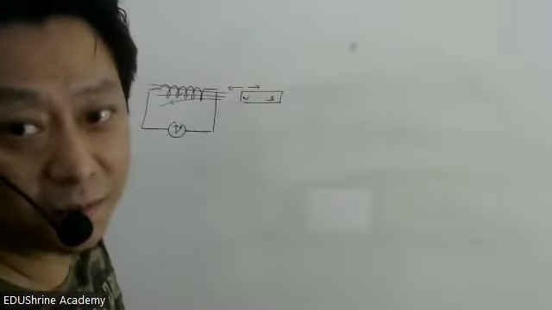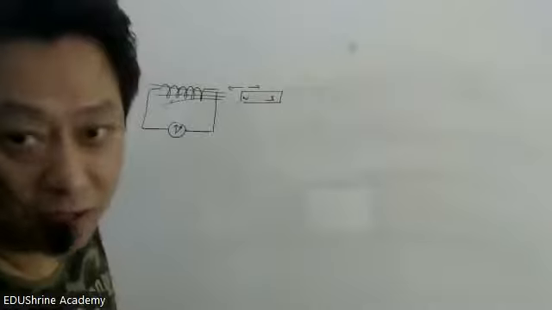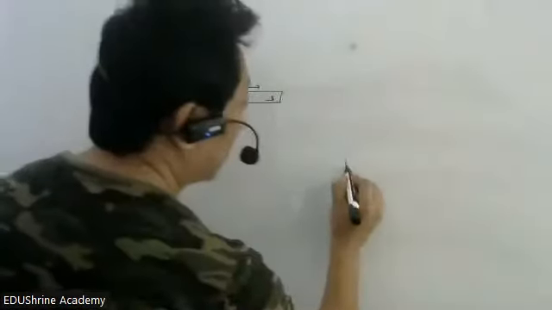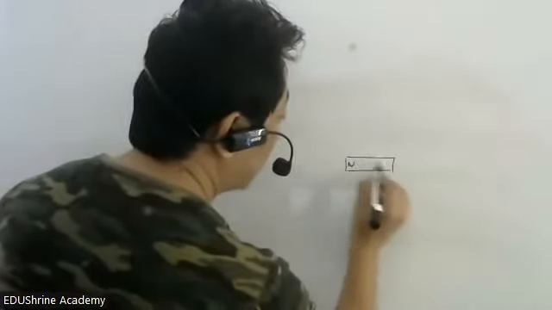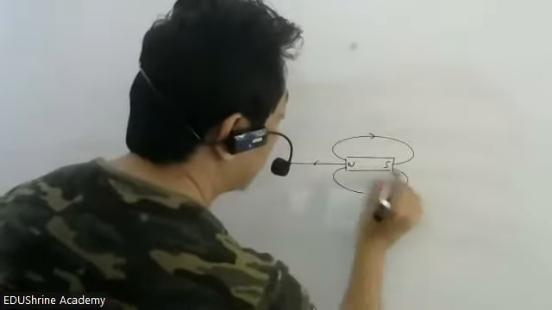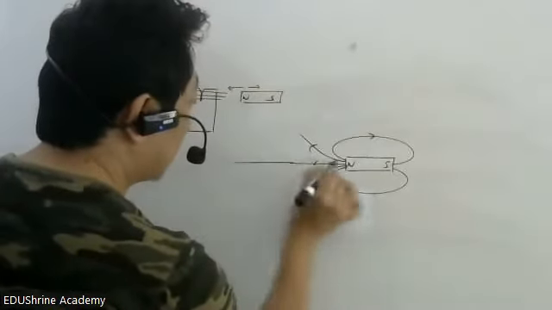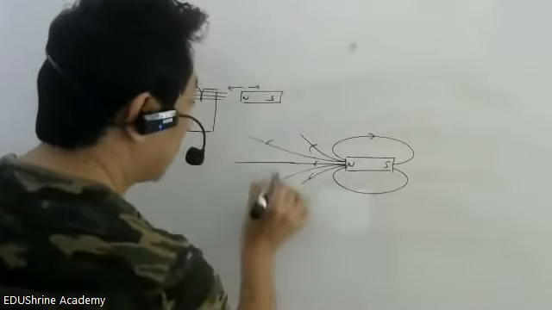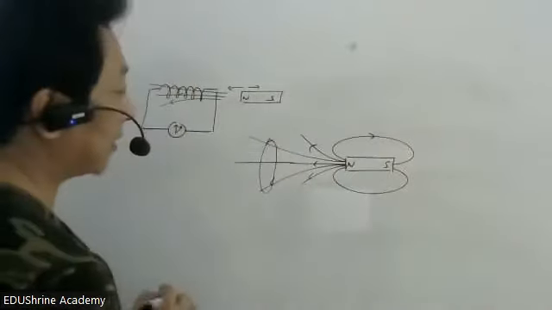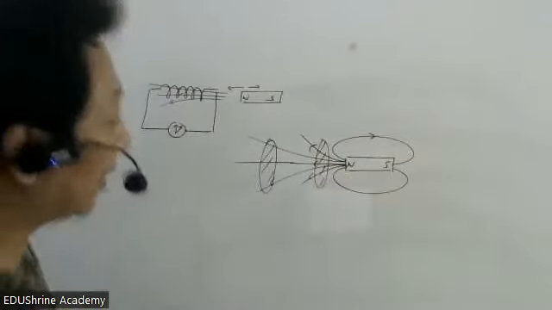If you bring it nearer, more lines will pass, because magnetic field lines look like this. If your circuit is far, let's say 3 lines are passing. But if the same circuit is near, more lines are passing.